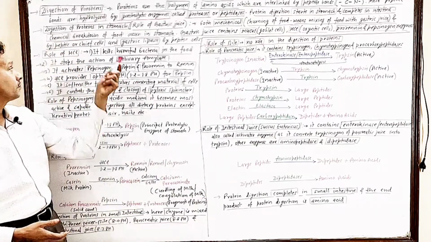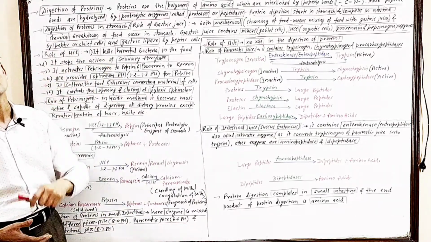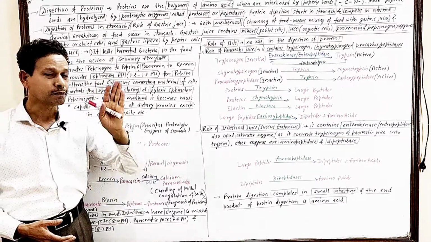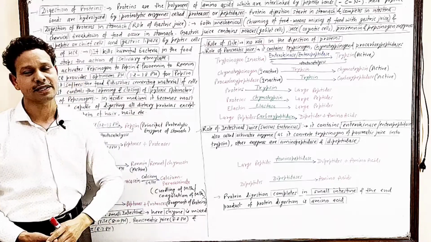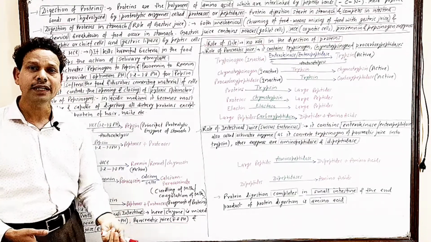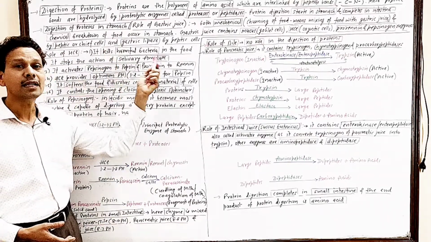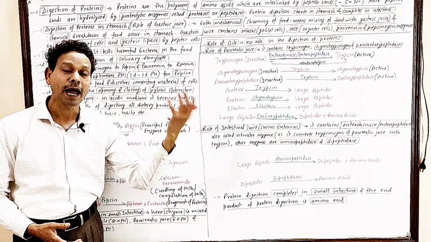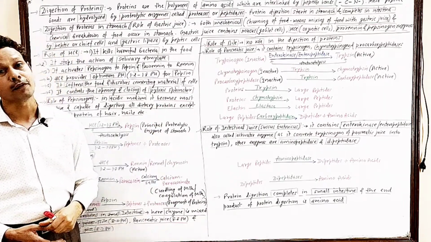First of all, role of HCl. This hydrochloric acid which is produced by oxyntic cells of gastric glands kills the harmful bacteria, pathogens, microorganisms present in our food.